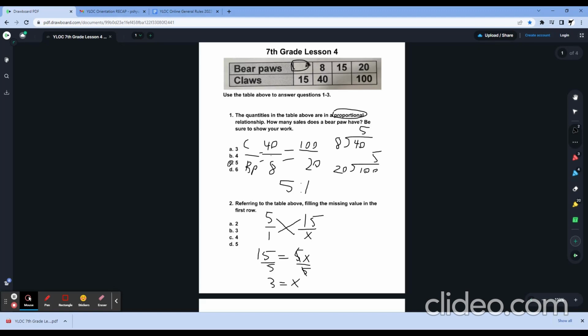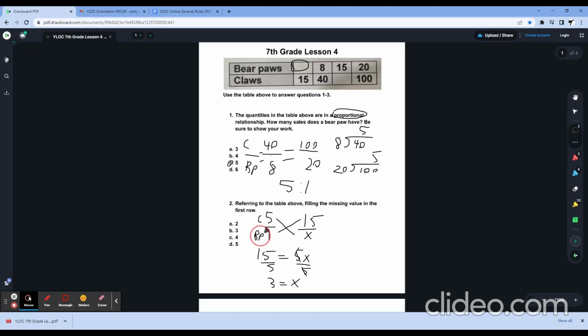We just need to find out the number of bear paws. The ratio for claws to bear paws is going to remain constant for each column. So we have 5 claws here to 1 bear paw.